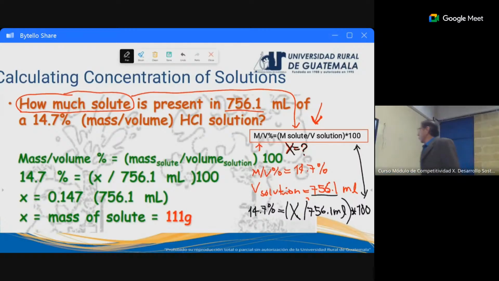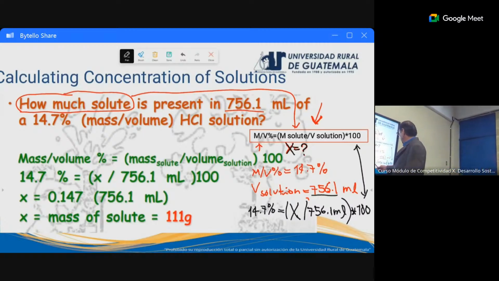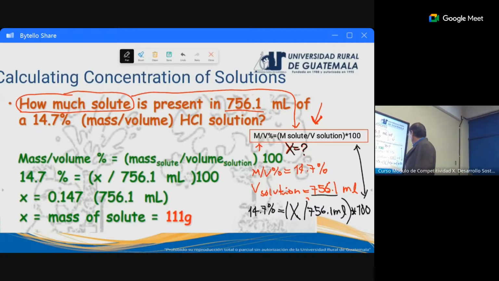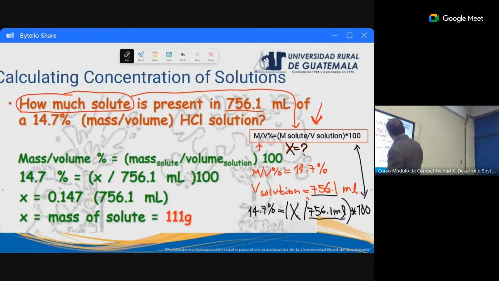Now, we need to clear our x value here. This quantity here is dividing, and we're going to move this to the other side of the equation.